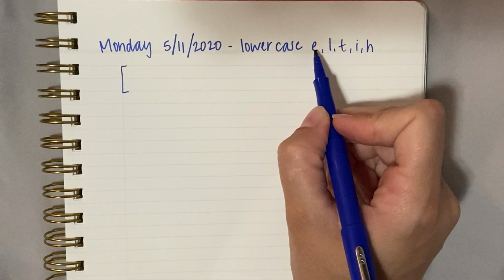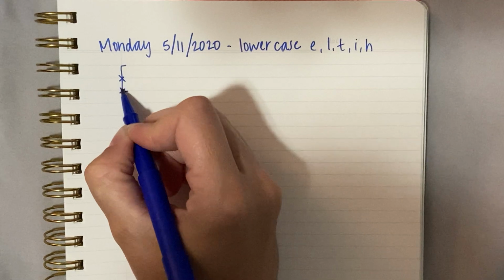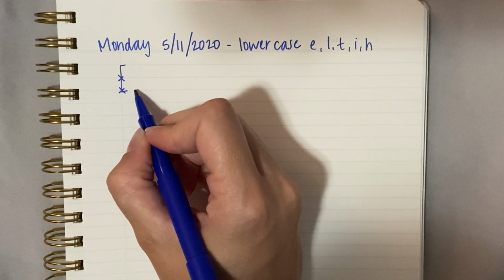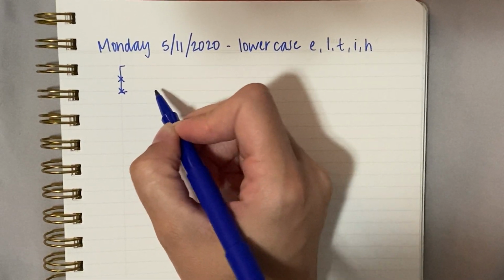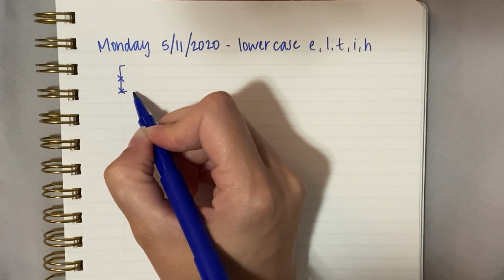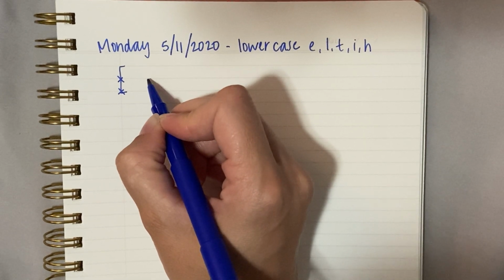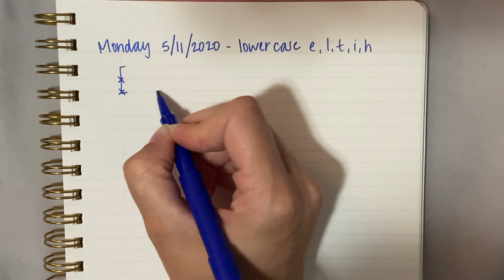So for lowercase e, I'm actually going to mark where I'm going to be using my lines. And for an E, it's kind of going to look like a lowercase l, and we're going to show you how it comes together. So for the E, you're going to start at the baseline. You're going to make a stroke upward to the midline, come around with a swoop, and then we call it our exit.